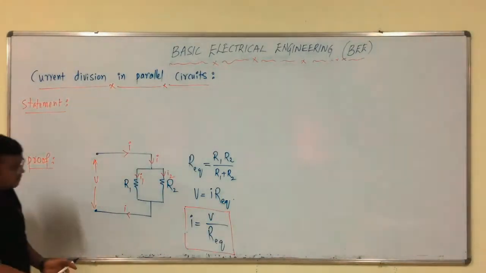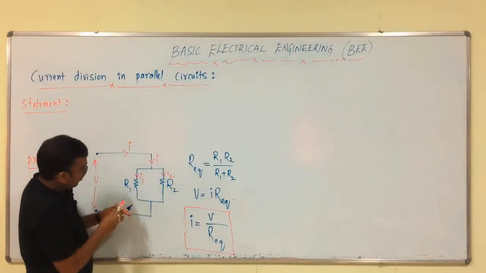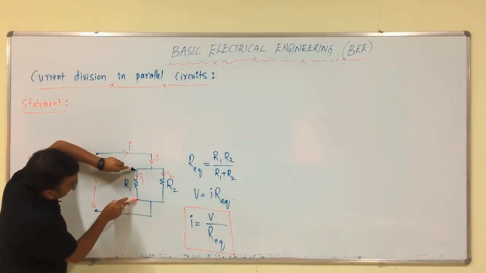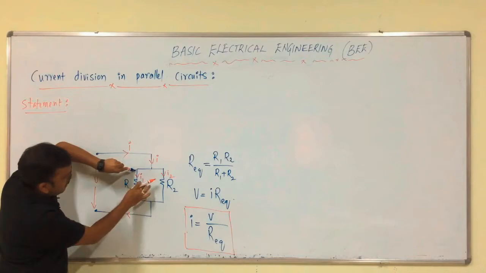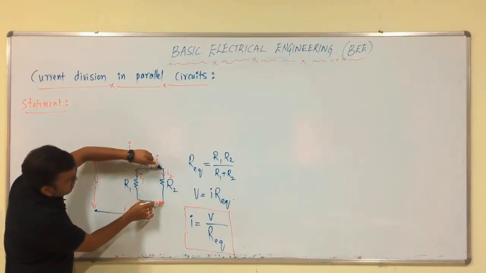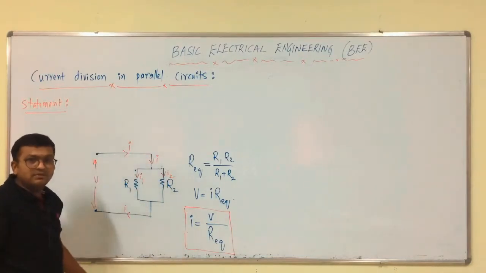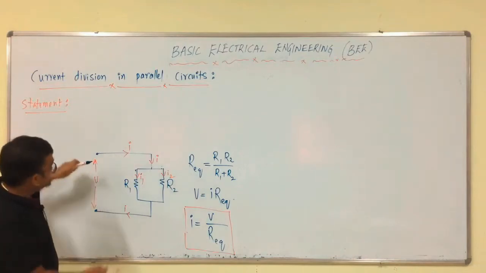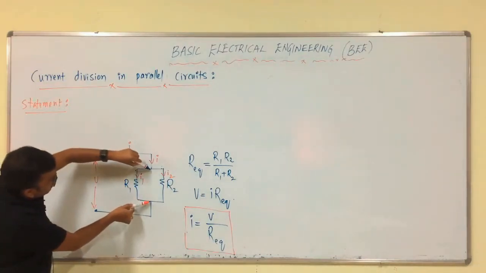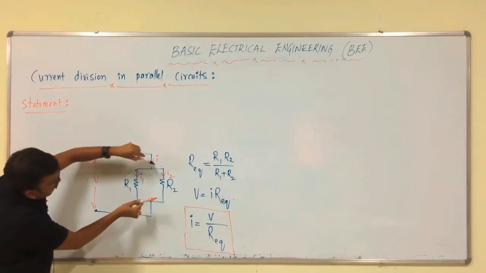And we have to note that the voltage between these two terminals is nothing but I1 R1. The voltage between these two terminals is I2 into R2, which is equal to the supply voltage. This is present between these two terminals.